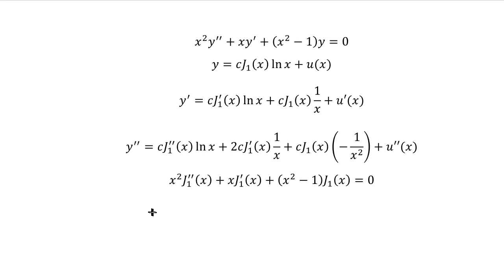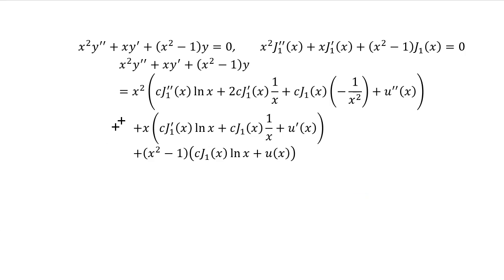And then you have to remember that when we said that J1 is a solution to this differential equation, it means that it satisfies this relationship, which we'll be using later. Okay. Now we're going to plug in everything into the above. This will be x squared times the second derivative, plus x times the first derivative, plus x squared minus 1 times y itself.